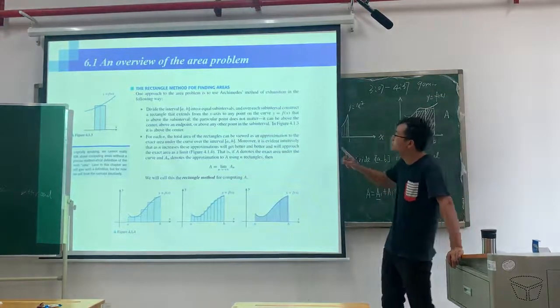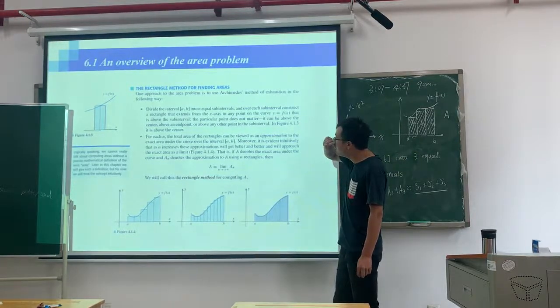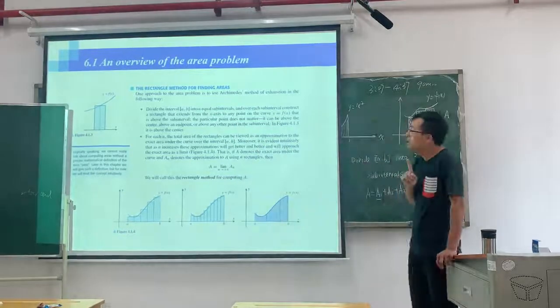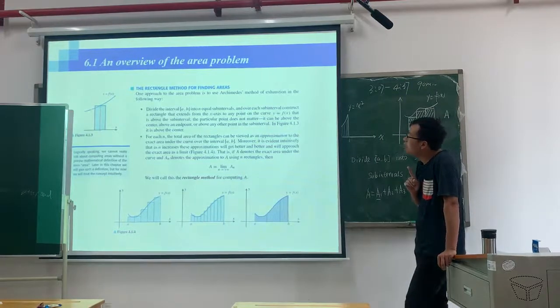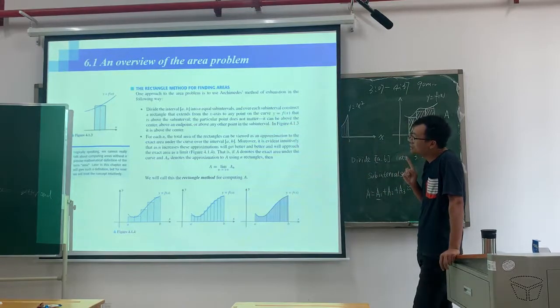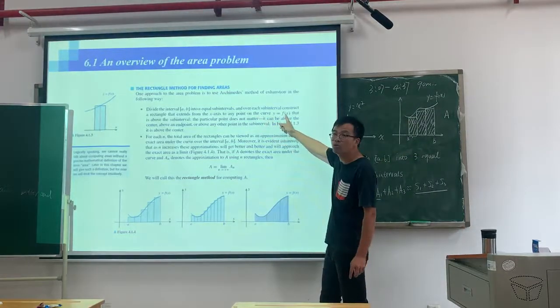The first step is to divide the interval AB into n equal subintervals. And over each subinterval, construct a rectangle that extends from the x-axis to any point on the curve y equal to f(x).